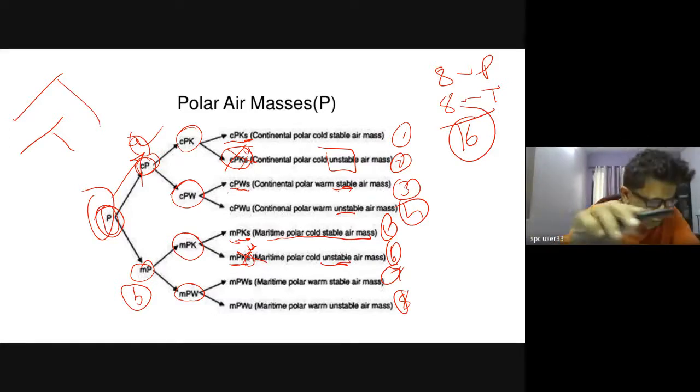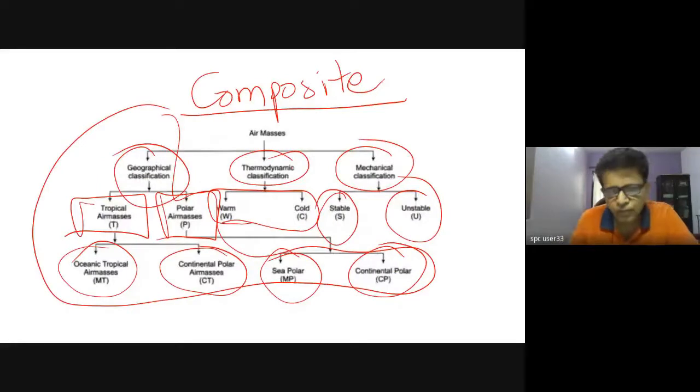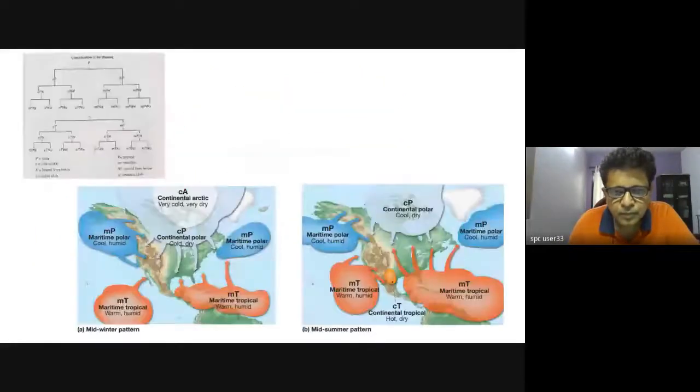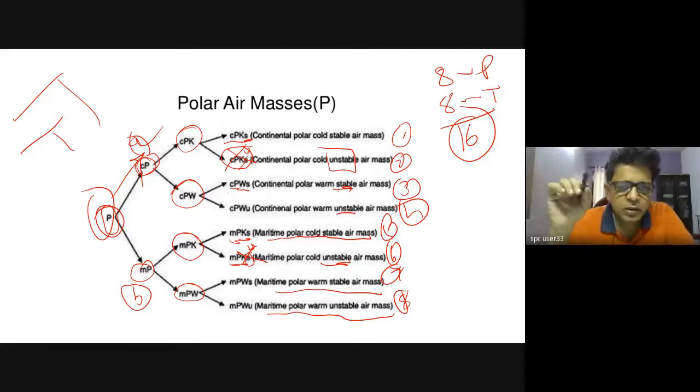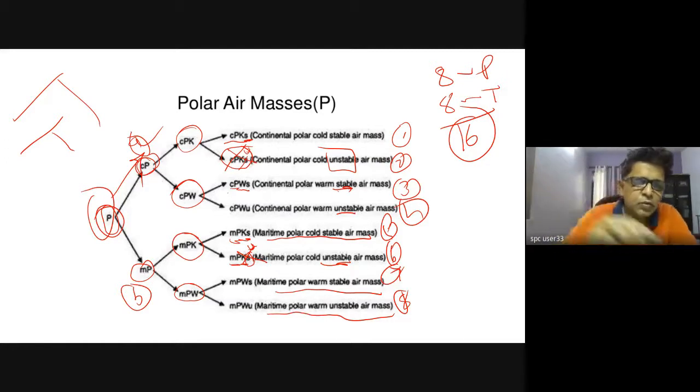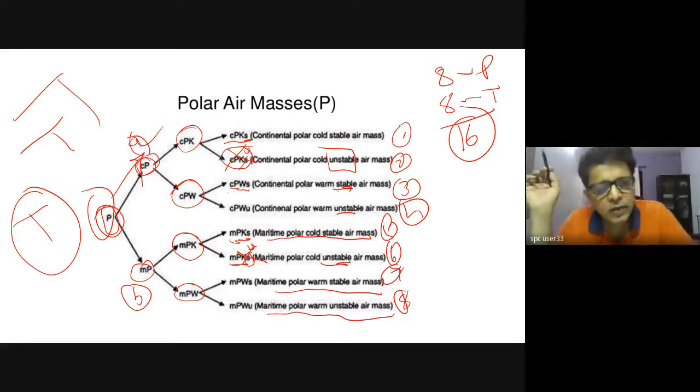And the last ones of them are maritime polar warm stable and maritime polar warm unstable. Instead of this, what you can do is write a T here. The rest of the classification remains the same.